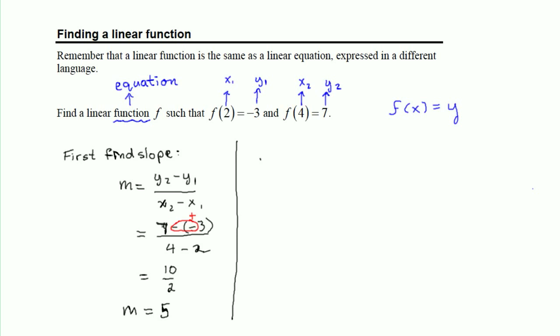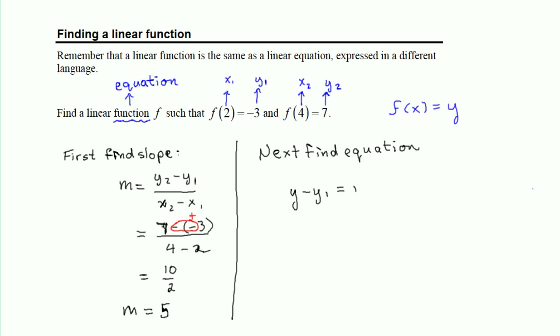After we've found the slope, we're ready to find the equation. And since we don't know the y-intercept of our line, one of these points would be the y-intercept if it had x-coordinate 0, but neither of these x values is 0, so we don't know the y-intercept. We have to use the point-slope form of a line.